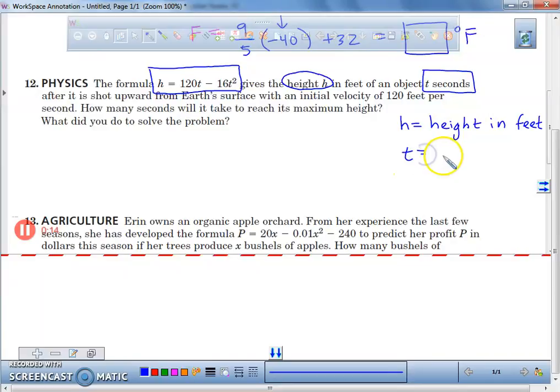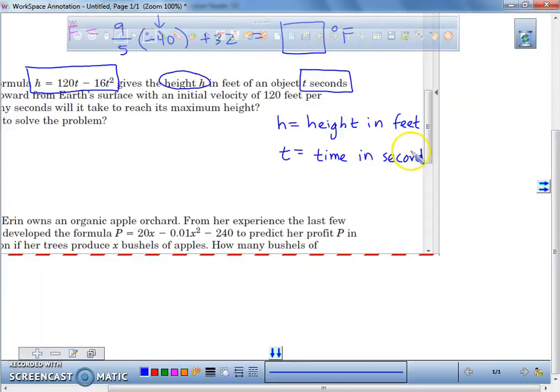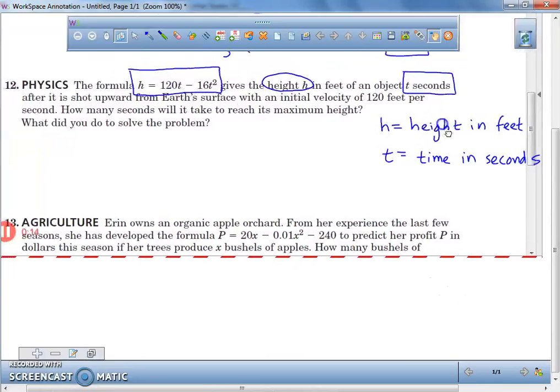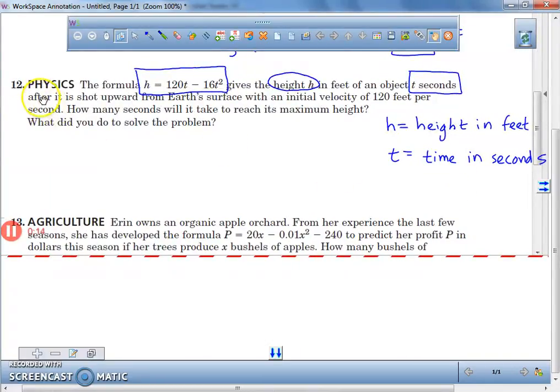So put t equals time, more specifically in seconds. After it is shot upward from the Earth's surface with an initial velocity of 120 feet per second.